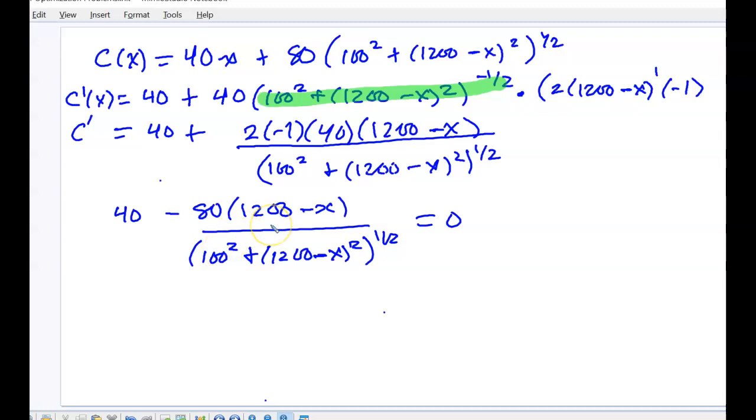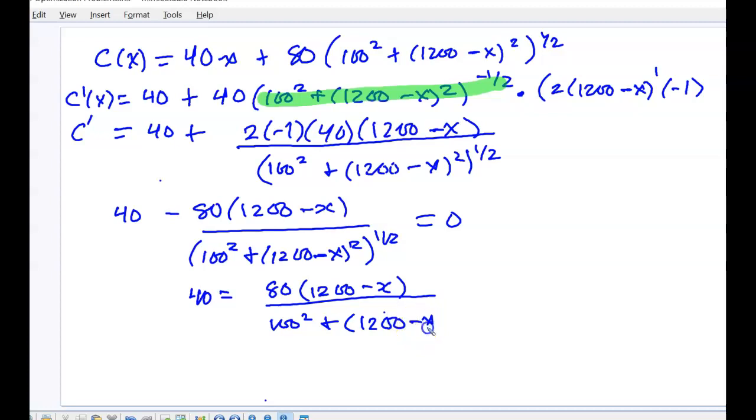And if I add that over to the other side, I'm going to get 40 equals 80 times (1200 minus x) all over 100 squared plus (1200 minus x) squared all to the 1/2.